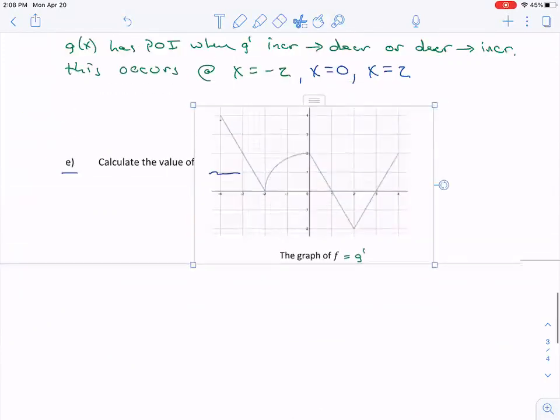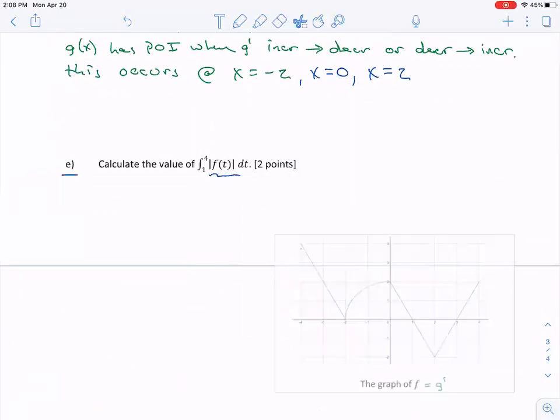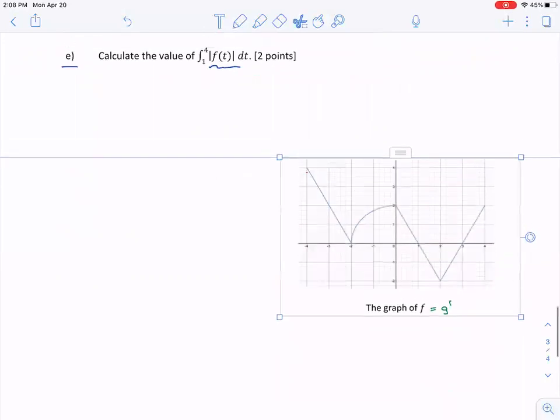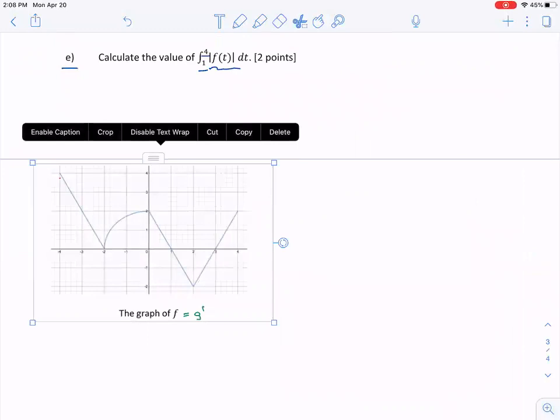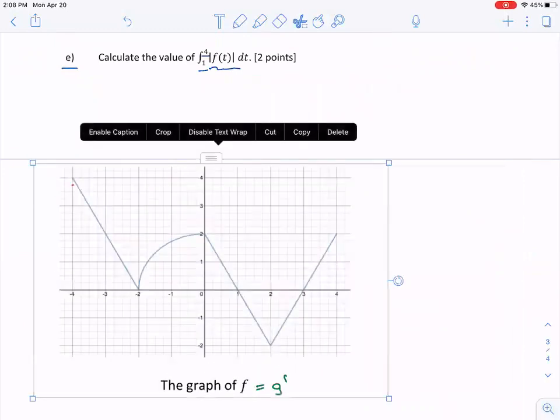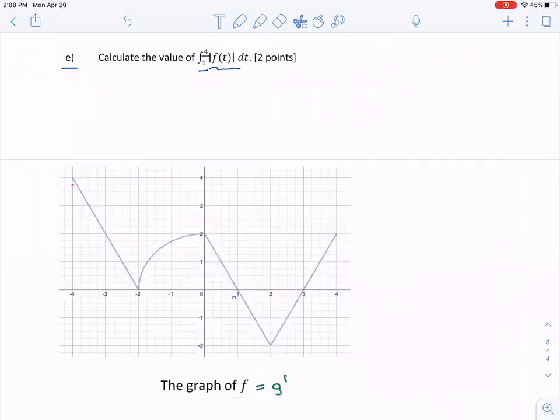Okay, so I've got my graph. And I'm interested in the definite integral from 1 to 4, and then it's the absolute value of f of t.